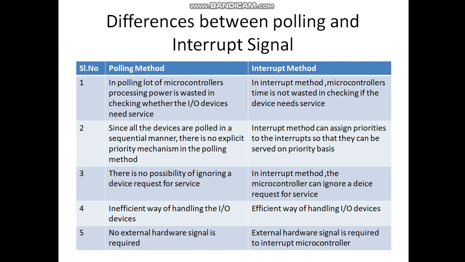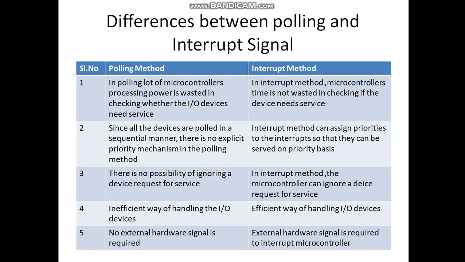So suppose the first device needs immediate service, it won't be provided with the service. It has to wait until the microcontroller monitors all the devices, and finally when it monitors the first device, if the device needs service, then only service can be provided.